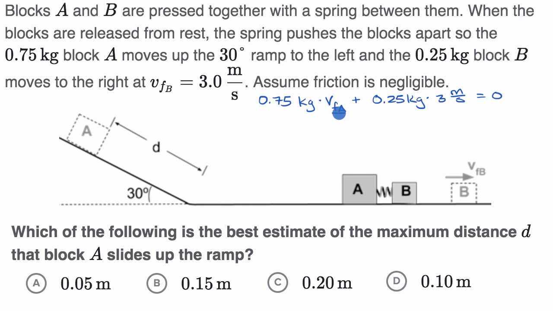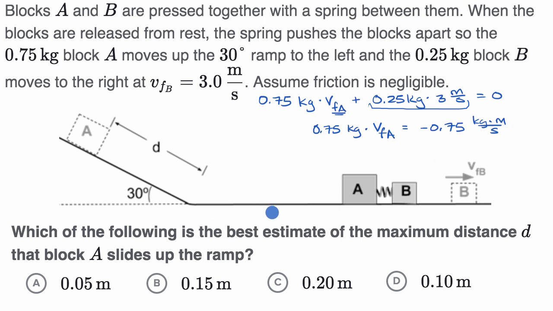And so now we just have to solve for that. And so what do we get? If we subtract this part from both sides, and this is just 0.75 kilogram meters per second, we'll get 0.75 kilograms times A's velocity after it gets released is equal to negative 0.75 kilogram meters per second.